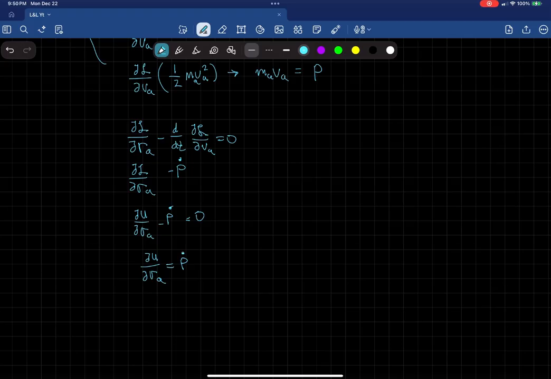Now, we know from an earlier section that the force acting on the A-th particle is equivalent to negative del U del RA. So we can also state that this is equal to the force. Hence, our individualized force is equal to the time derivative of momentum.